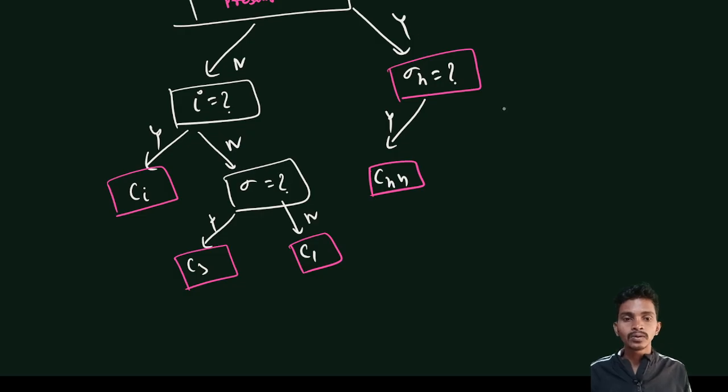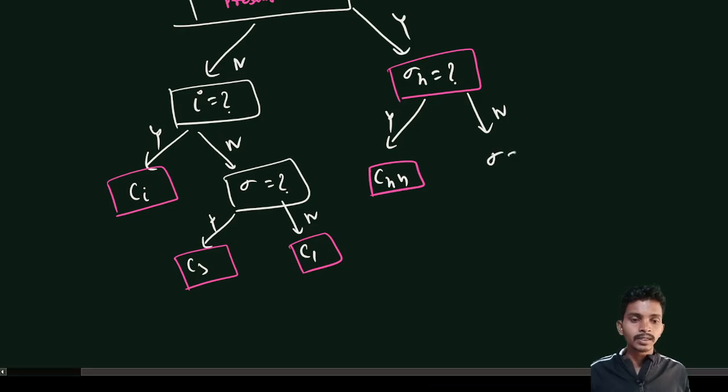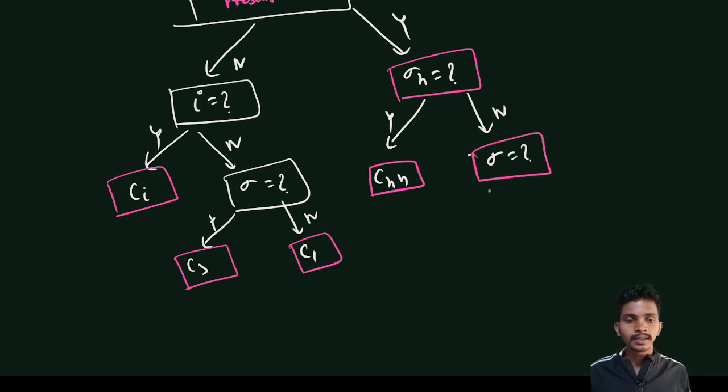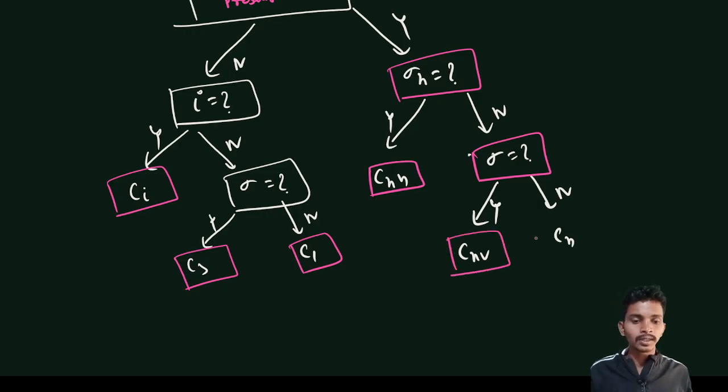If no, then we ask again whether sigma v is present or not. If yes, sigma is present, then that is CnV, and if no, then that is Cn. So once we understand this concept, it is very easy to point out the group.